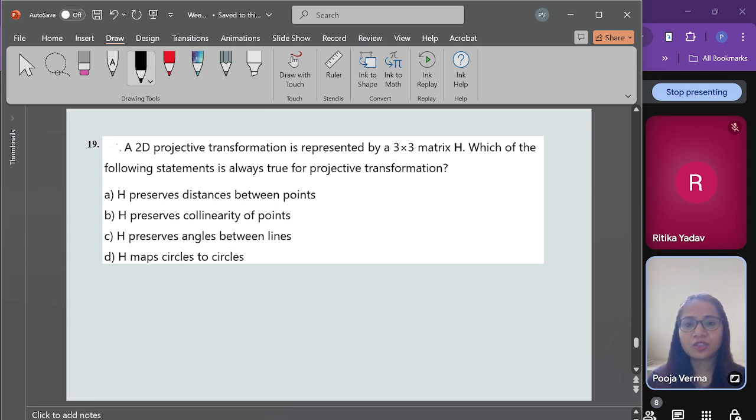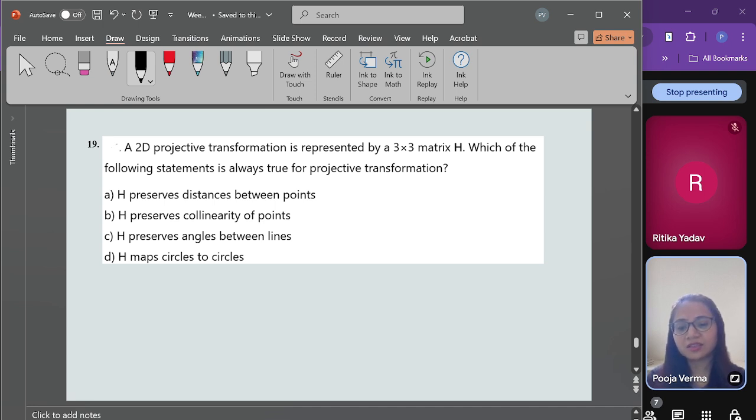A 2D projective transformation is represented by a 3 cross 3 matrix H. We have already solved many questions on this. Which of the following statements is always true for the projective transformation? The projective transformation preserves collinearity but not distances or angles. Circles may be transformed into conics in general.